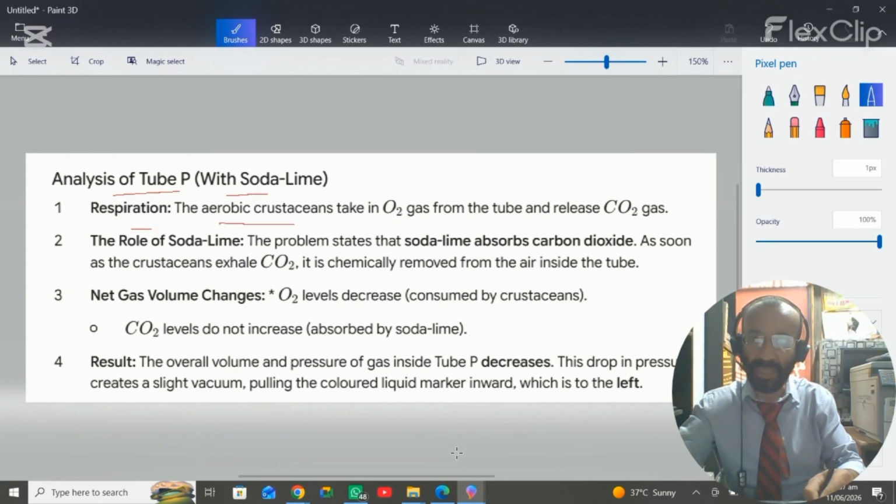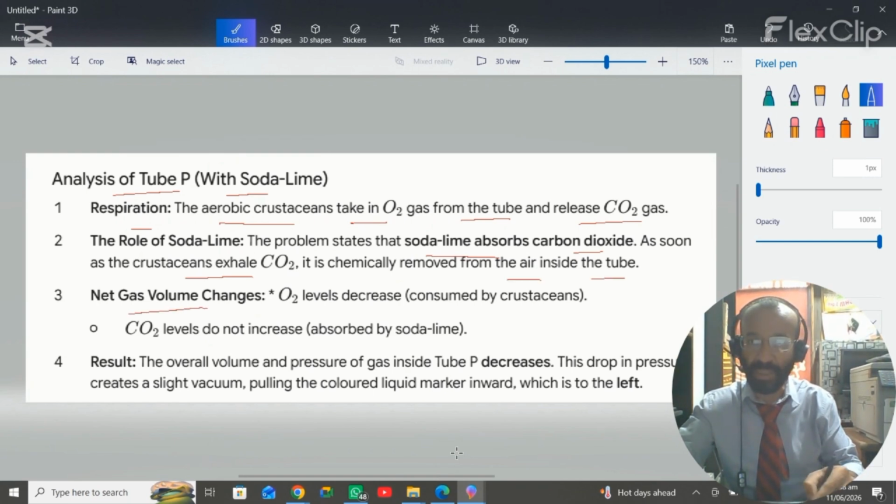Analysis of the tube P with soda lime. The aerobic crustaceans take in O2 gas from the tube and release CO2 gas. The role of the soda lime is, the problem states that soda lime absorbs the carbon dioxide. So as soon as the crustaceans exhale CO2, it is chemically removed from the air inside the tube.